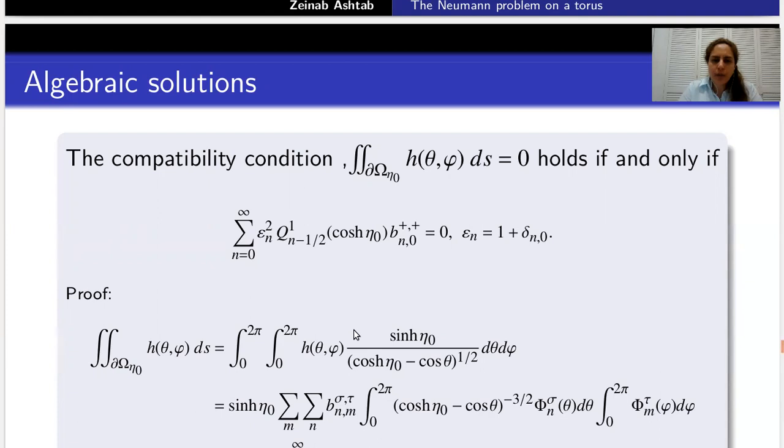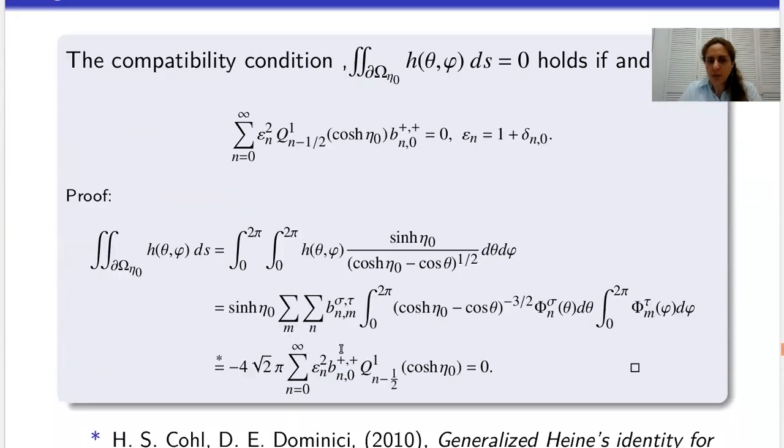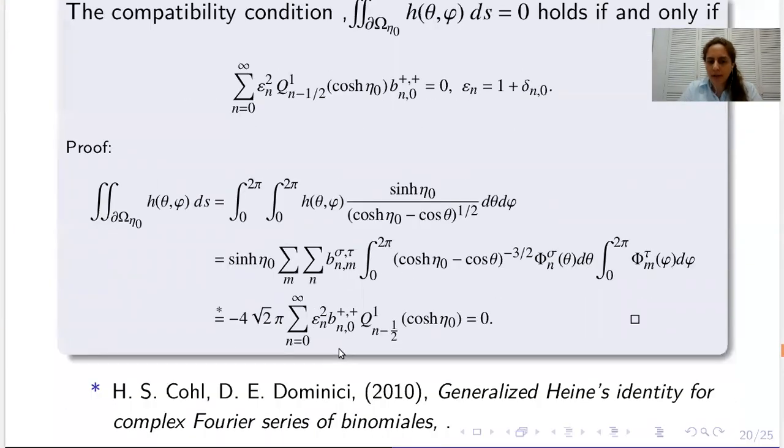We can prove these propositions by using the fact from Cole and Domnich's article in 2010 to calculate this integral. I mean the first integral with respect to theta, which is cosh eta naught minus cosine theta to the power minus 3.5 times phi n sigma of theta. We can use the fact from this article and prove that this is equal to 0.